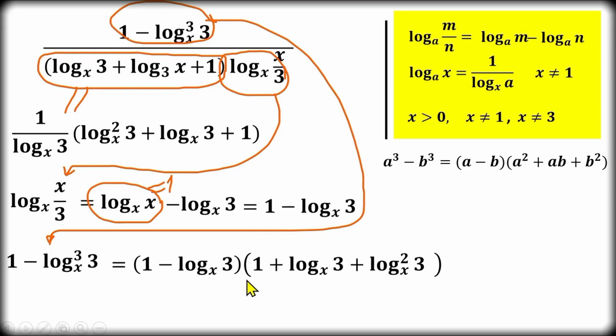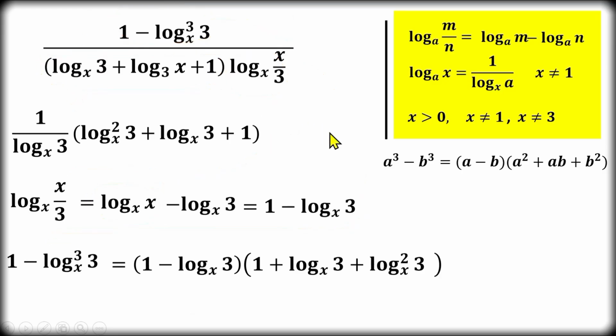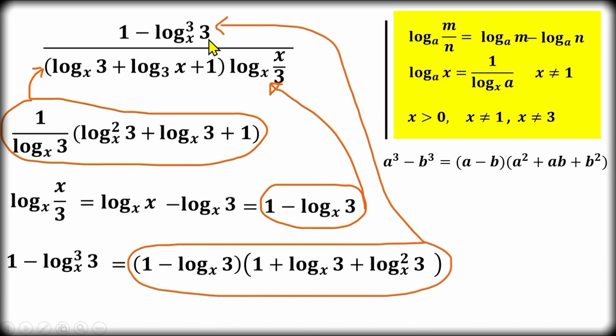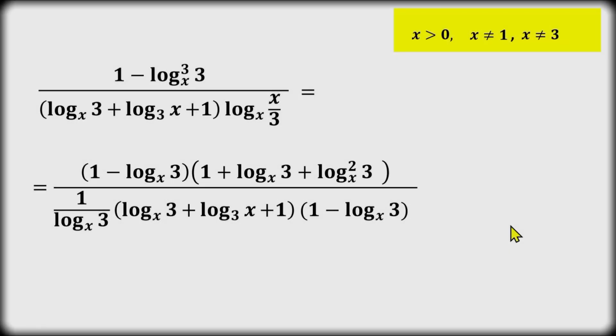Next step, to plug in all that we found back into the original expression. So we put this expression instead of these brackets, this one here, and this one in the numerator. And as a consequence, we will have a new expression, this one.